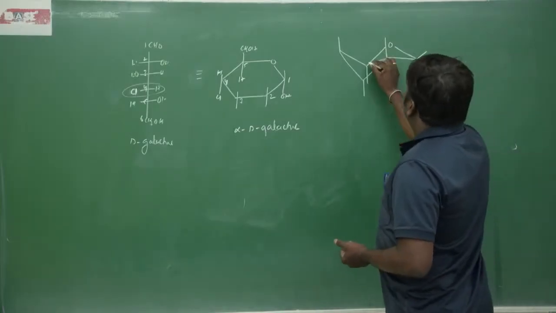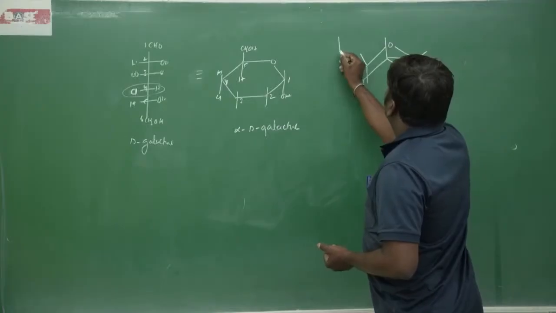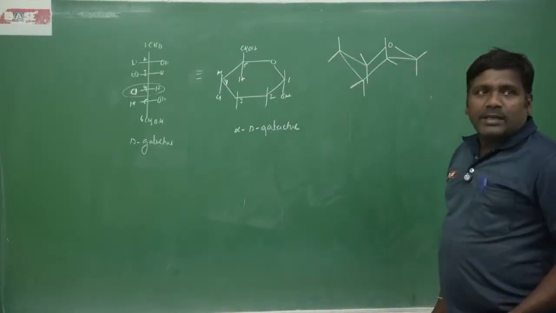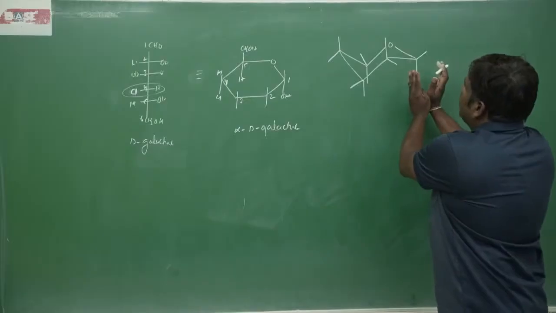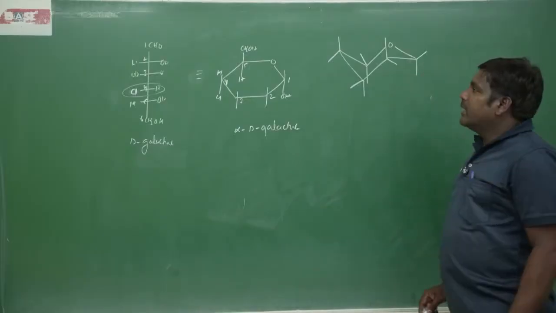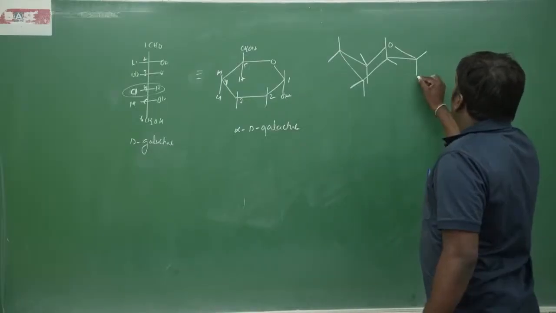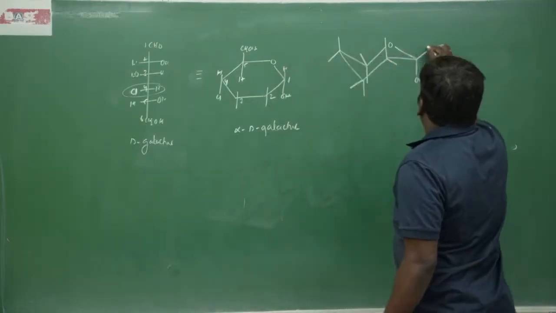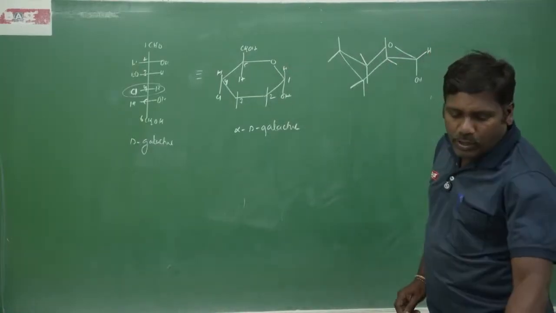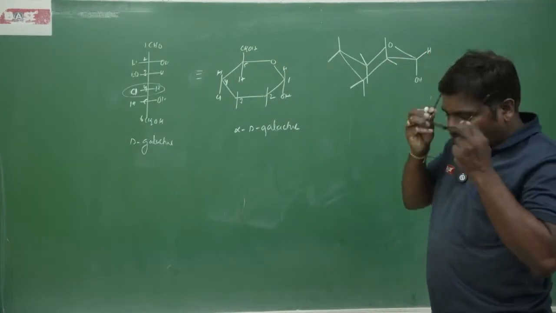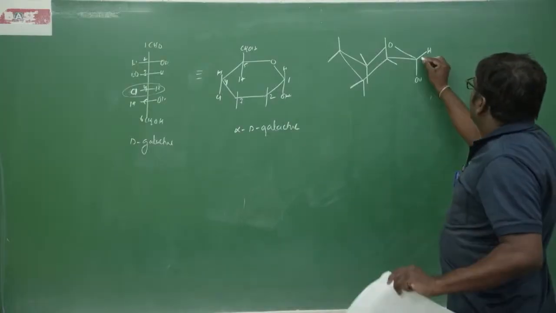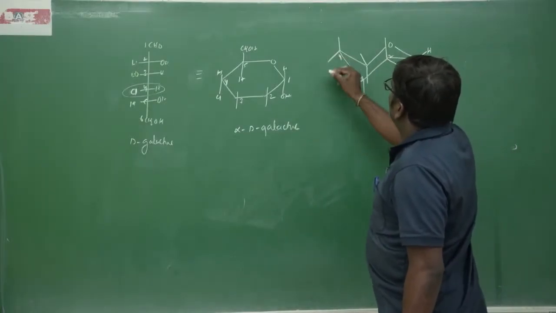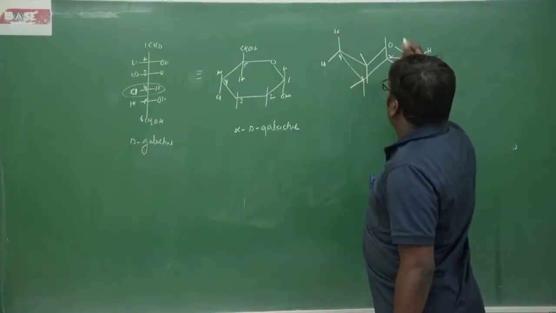These are the equatorial bonds of the compound. This one only I am going to write in the chair form. So here OH is down, here H will be there, and give the numbering 1, 2, 3, 4. Fourth place Cl, here H.